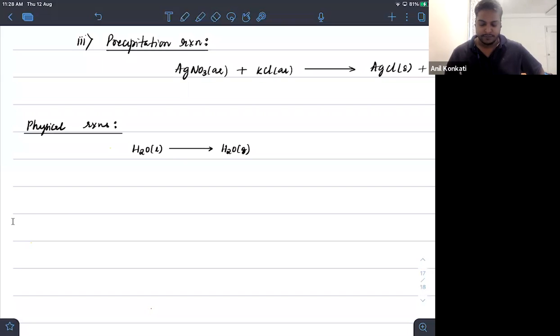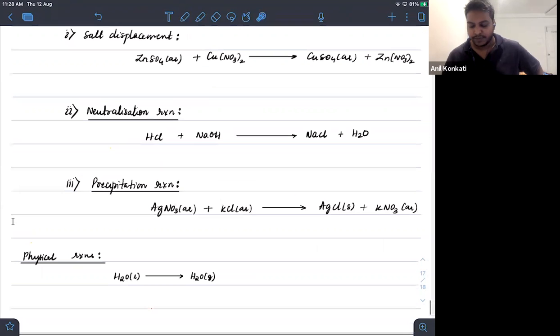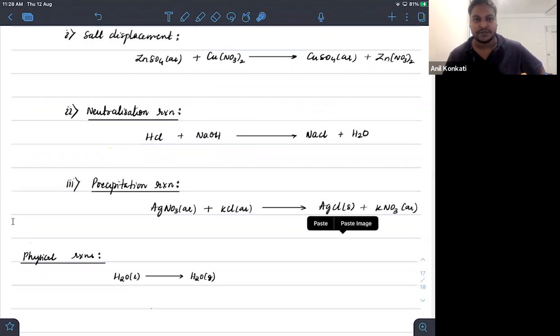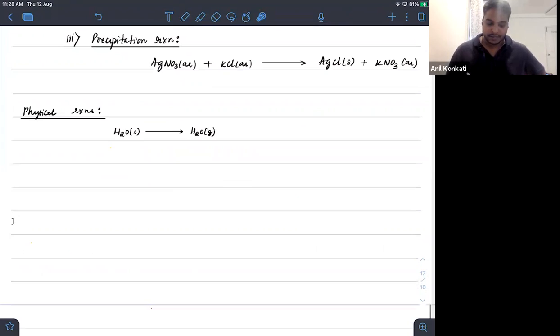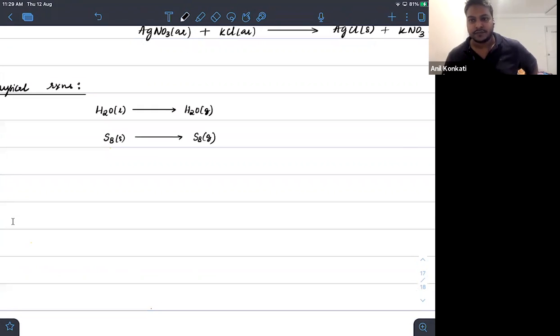So then we say these types of changes are physical changes or physical reactions. Whatever we have learned earlier till this point, we did all of them as chemical reactions. Now this is a physical reaction. Same way, if you have S8 solid and you're converting that to S8 gas, we say it is a physical change.